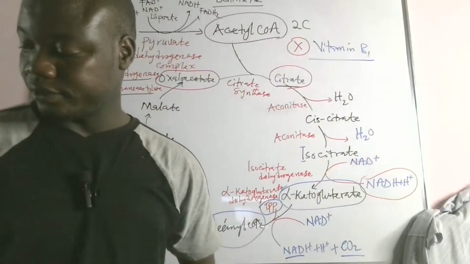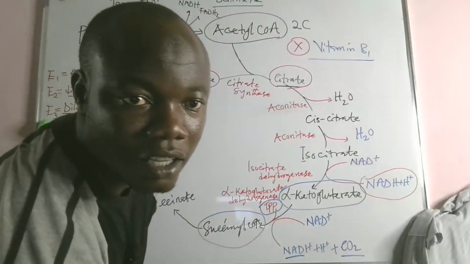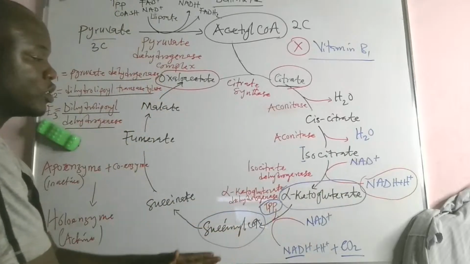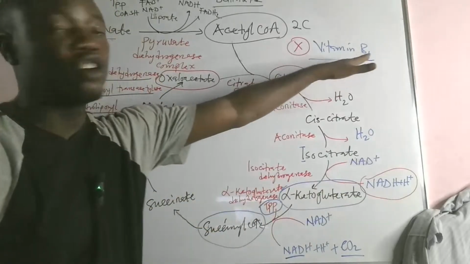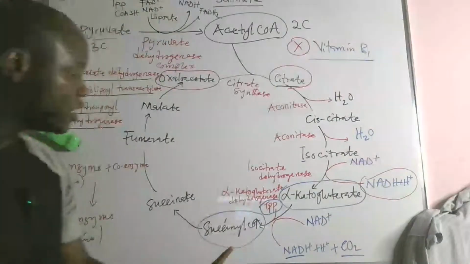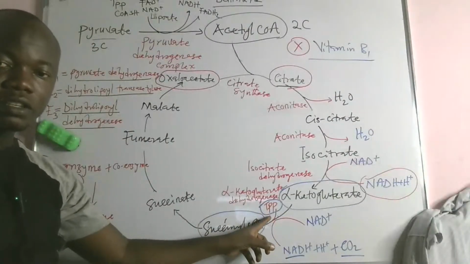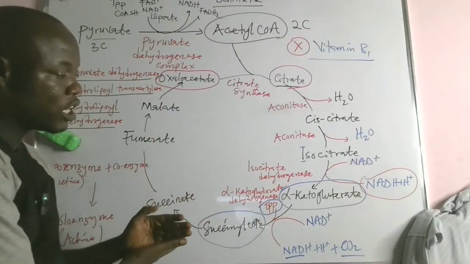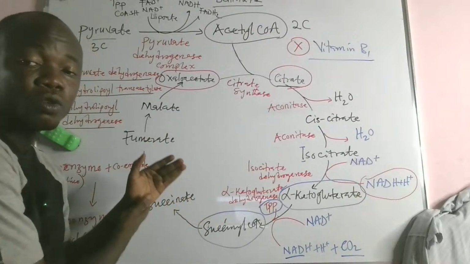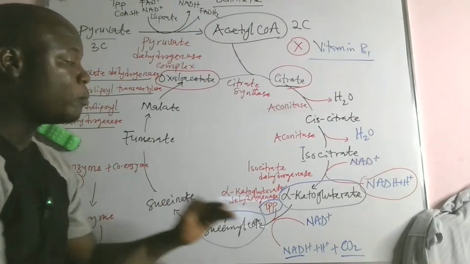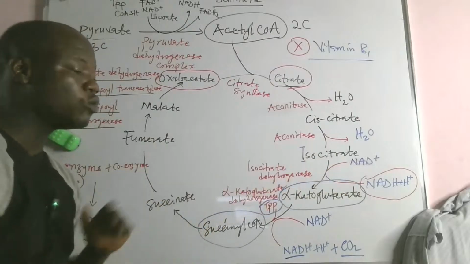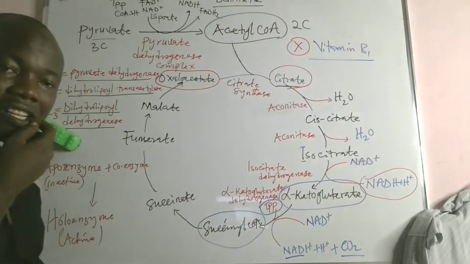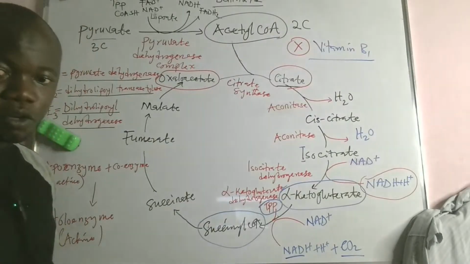That is the question, and I need an answer. If there is deficiency of vitamin B1, it means that there is no TPP. So if there is no TPP, do you think alpha ketoglutarate dehydrogenase will convert alpha ketoglutarate to succinyl-CoA? I'm waiting for the answer.